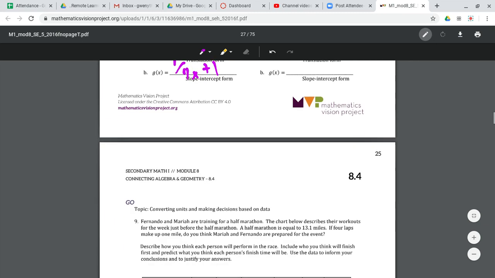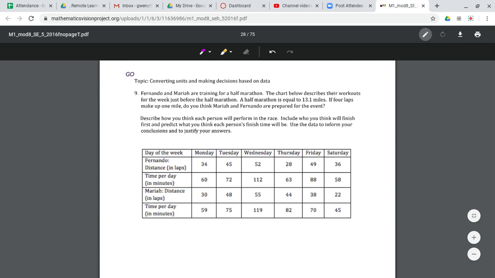Okay, and the last question on here is looking at this set of data, and you guys are going to answer the question based on this information, whether or not you think that Fernando and Mariah are prepared for the event.